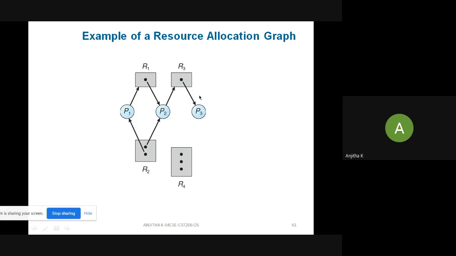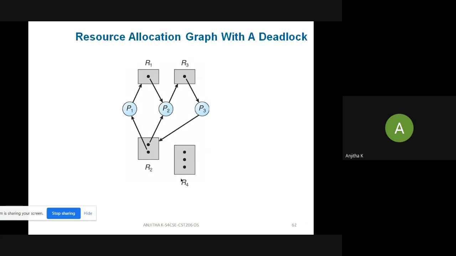This is the assignment, R3 held by P3. And see here, both of these are assignments. Okay, one instance of R2 is used by P1, the second instance of R2 is used by P2. Currently, R4 is not allocated. So this is the example for a resource allocation graph. So if it is asked, you have to draw a graph. Okay, so that is the example.